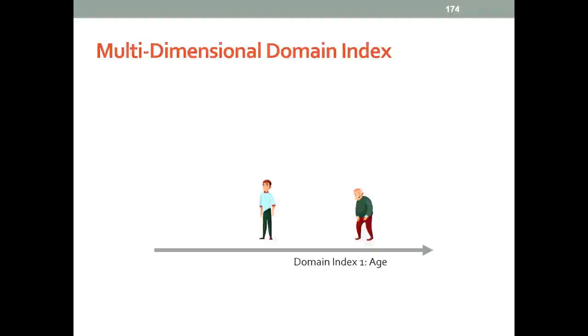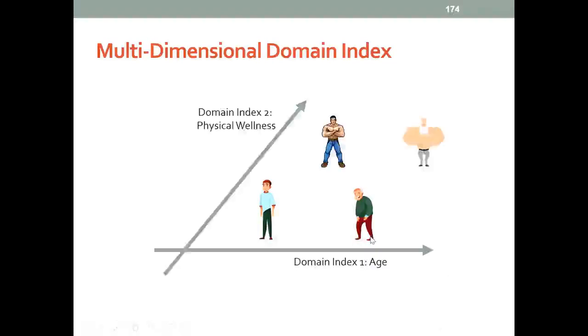Besides using age as a domain index, we also consider a domain index like physical wellness. Intuitively, if you look at real-world data for two patients of the same age, usually the patient with better physical health will have better sleep quality, right? So it makes sense to use a higher dimensional domain index and include physical wellness as well.